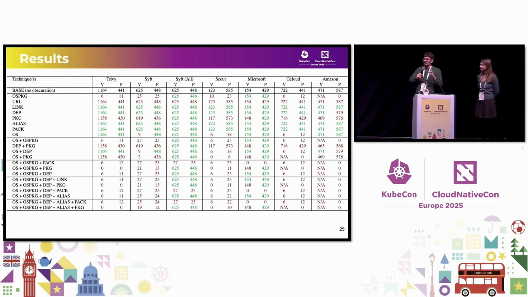Also, food for thought: as you can see, tools report different numbers of vulnerabilities and packages, and sometimes tools may recognize for different types of obfuscation the same number of packages but different vulnerabilities. For instance, Syft for the OS obfuscation finds 9 vulnerabilities, but for the alias obfuscation finds 625.